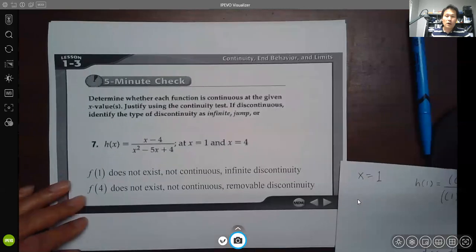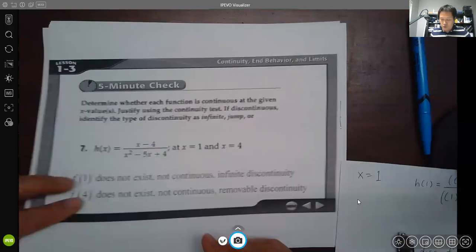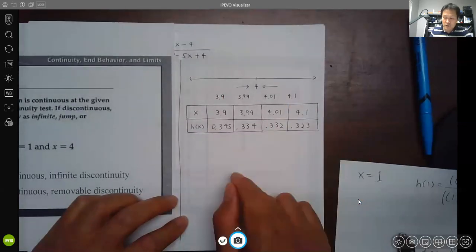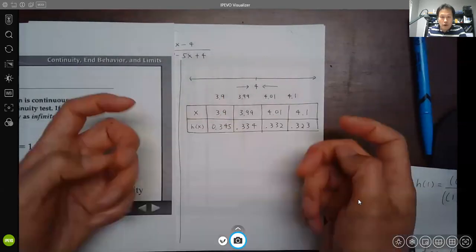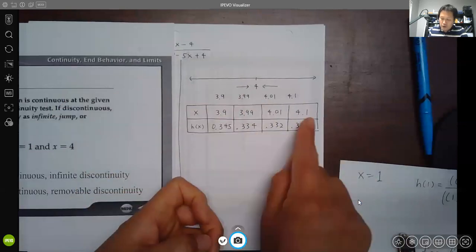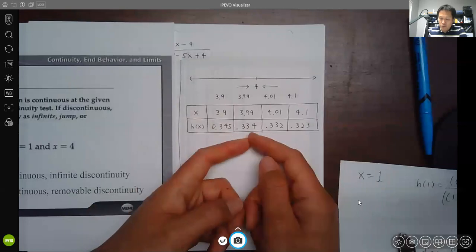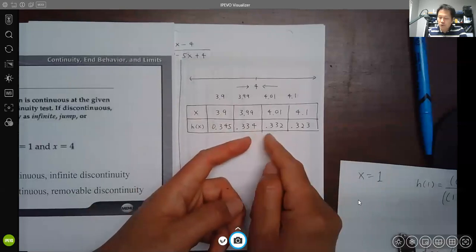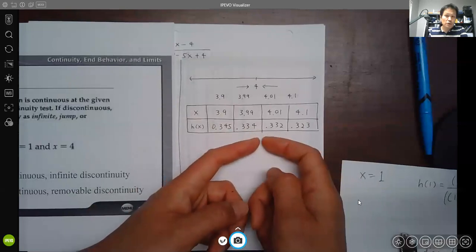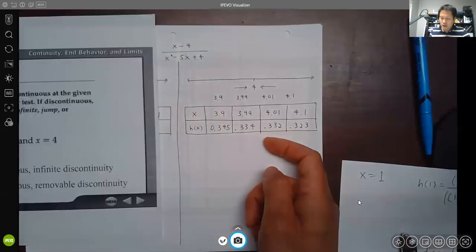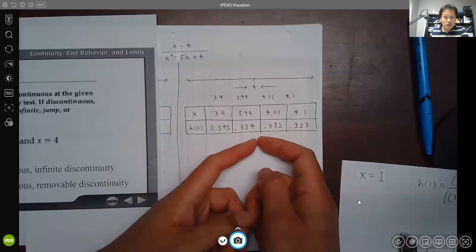Then you say, well, what kind of discontinuity? So if you look at the table I did around the 4 here, if you look at the y value, it's approaching 0.334, 0.33. It's approaching 0.333, which is very close value.